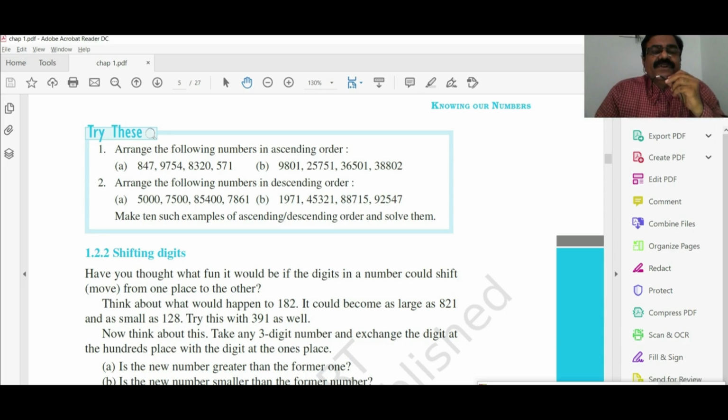So arrange the following numbers in ascending order. You can take the example 847, 9754, 8320, 571. Very easily we can arrange in ascending as well as in descending order.